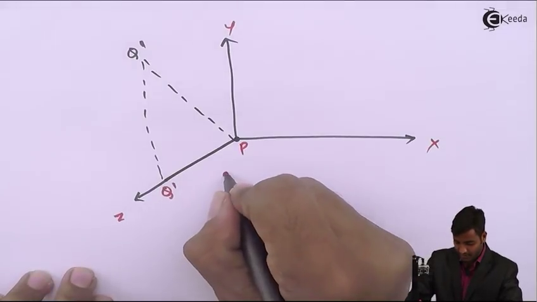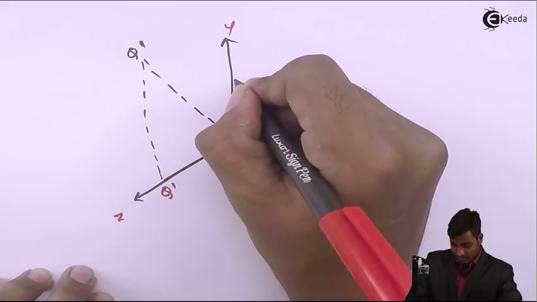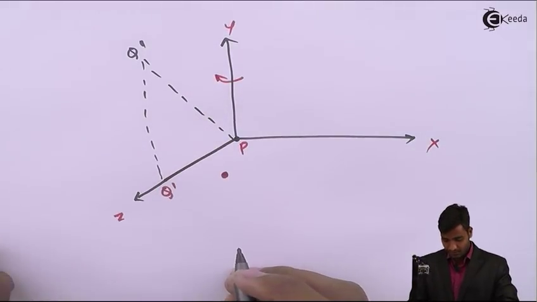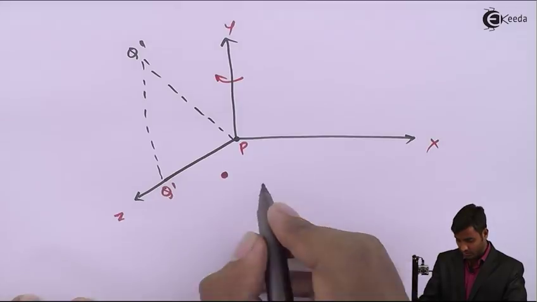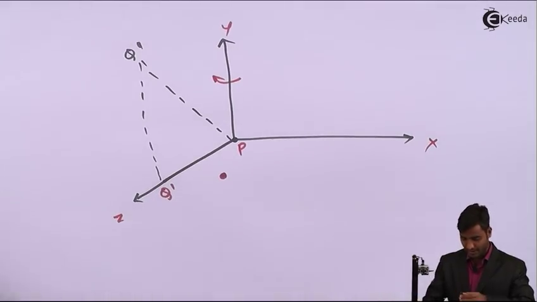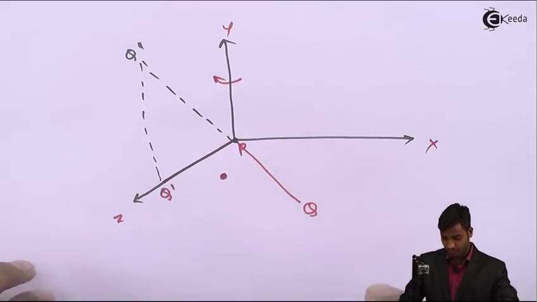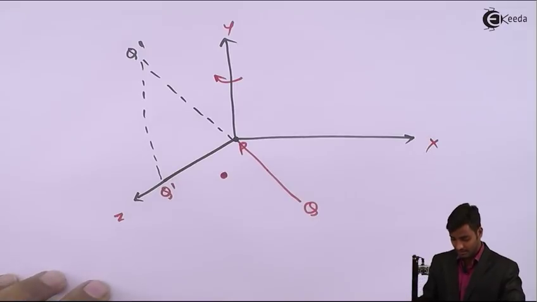So the point will come somewhere here after performing rotation about y axis. Originally Q was here, this line, before rotation about x axis, y axis.